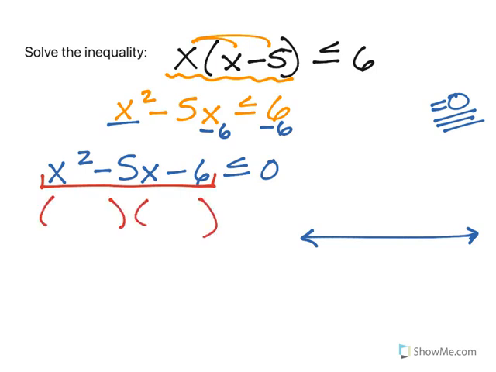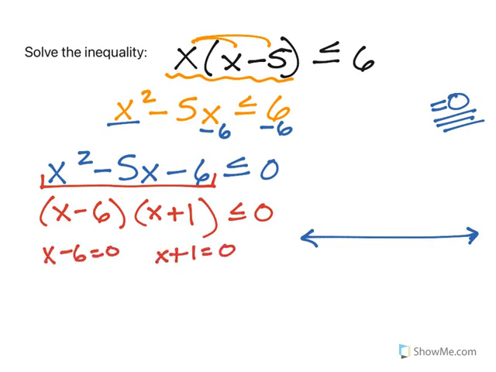If I factor this, I get x minus 6 times x plus 1 is less than or equal to 0. In order for one of these to be 0, I know that either x minus 6 is 0 or x plus 1 is 0. Therefore, I have x equals 6 or x equals negative 1. These are the values that will go to my number line.